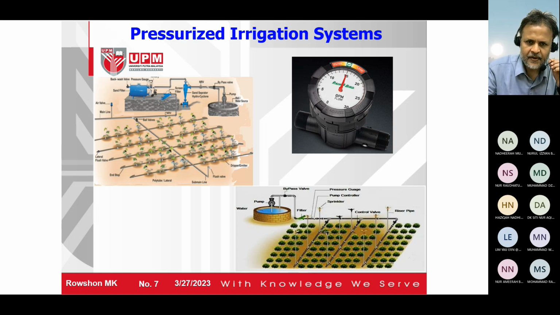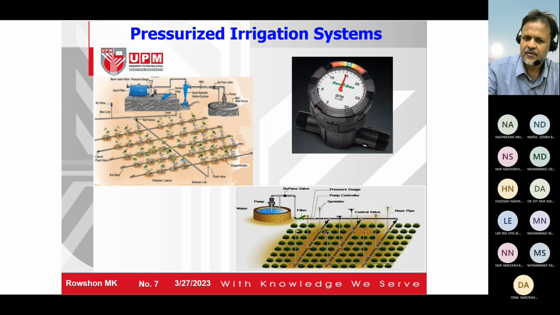You can see here this is the water source, then you have a pipe, and you have the pump. So meaning water source and pump. In a micro irrigation or pressurized irrigation system, we must use the pump, because otherwise we cannot create the pressure.